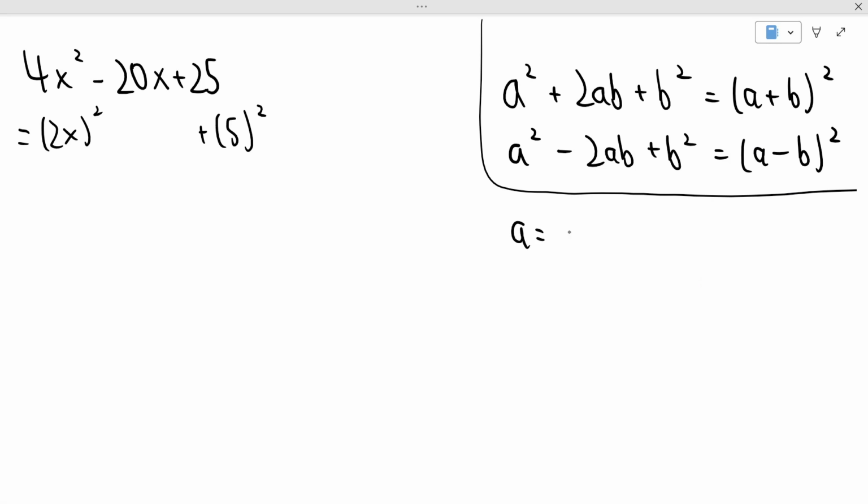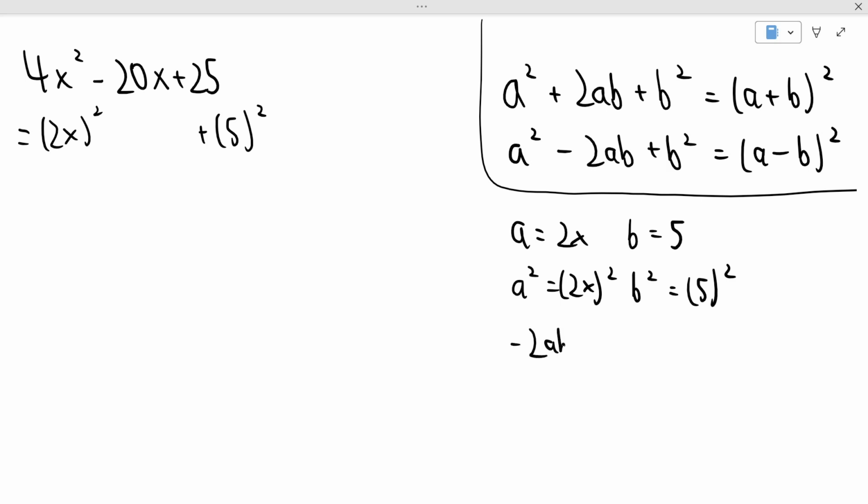So we can set a equals 2x and b equals 5, so a squared is equal to parentheses 2x squared, b squared is equal to 5 squared, and our minus 2ab term is simply minus 2 times 2x times 5, which equals minus 20x. And that's the same as the second term in our expression, so we can rewrite minus 20x as minus 2 times 2x times 5.